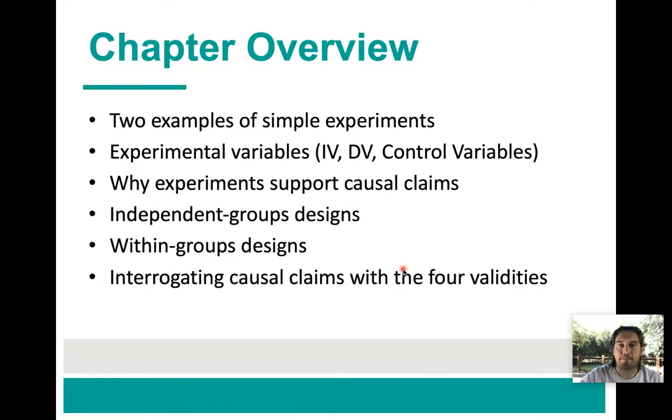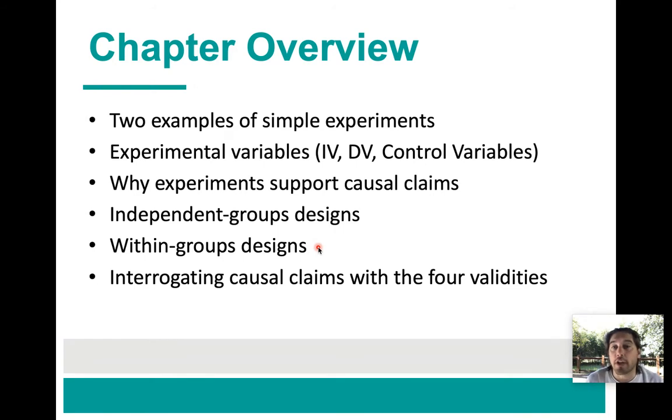So, we're going to go through a couple examples of experiments. We're going to discuss the nuts and bolts, the bones of an experiment, different types of variables, how these experiments support causal claims, and two large categories of types of experimental designs. Not all experiments are the same.